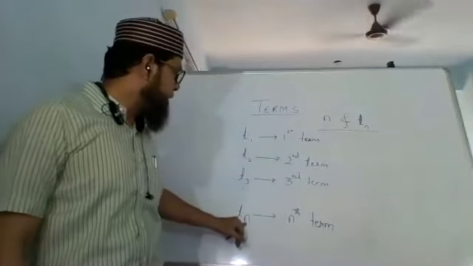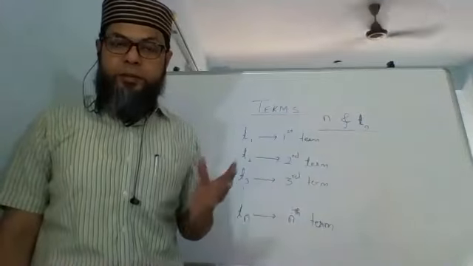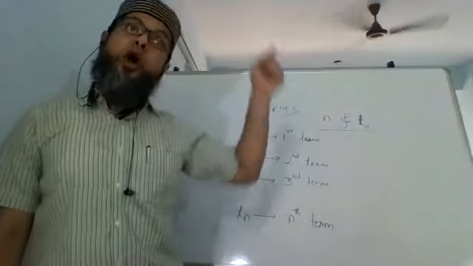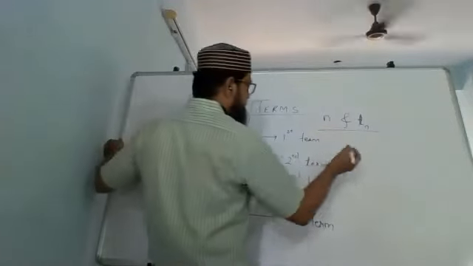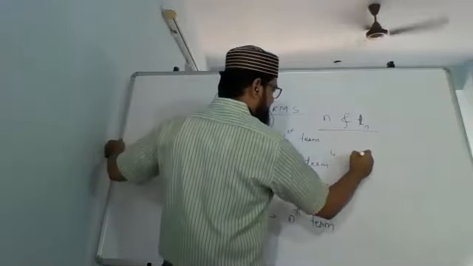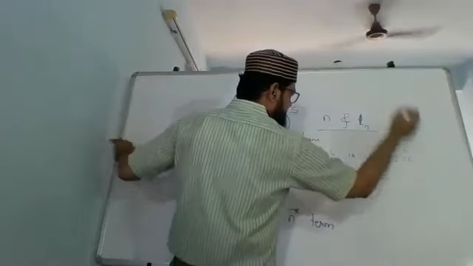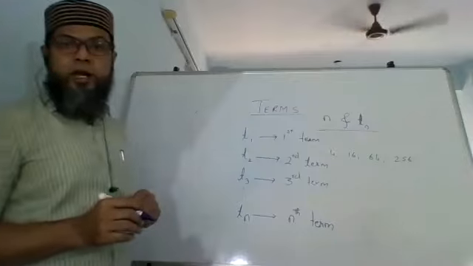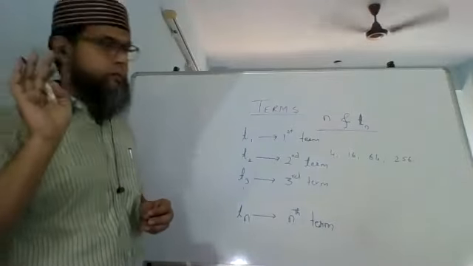N is just that number: first term, second term, fifth term. Tn is what that term is. Like we had written over here, 4, 16, 64, 256. Correct? Now when I say the fourth term, n is 4.